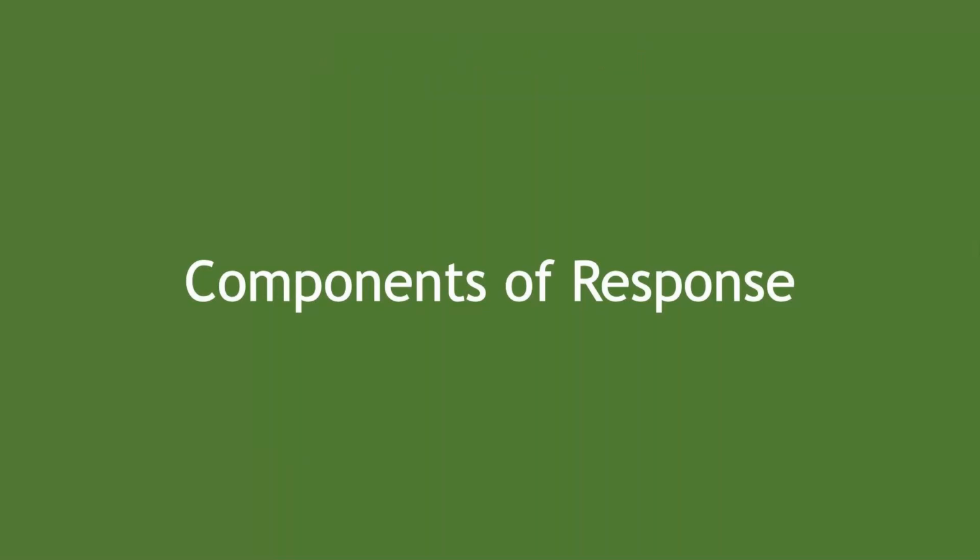Okay, so since we are discussing components, let's also look at the components of a response. The response code is also called the HTTP status code. Usually this code is represented as a 3-digit value, and you can see it goes into the 100 series, 200 series, 300 series, and so on.